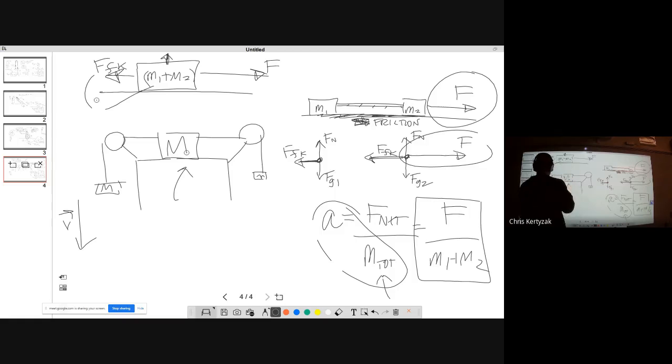No friction. There was no friction ever mentioned in this one. What would happen to the acceleration of the system, assuming that the system still goes down just as before, but now we added a big mass in there? What happens to the new acceleration? You're adding inertia, and acceleration is going to decrease. That's Newton's second law, right?